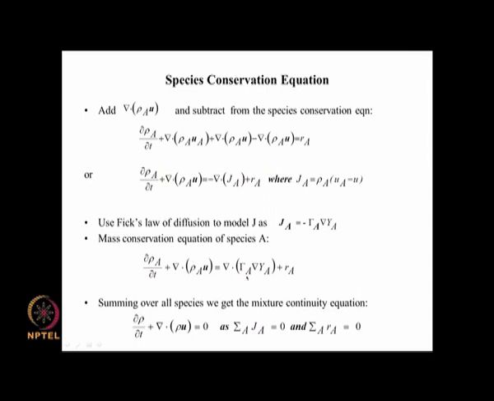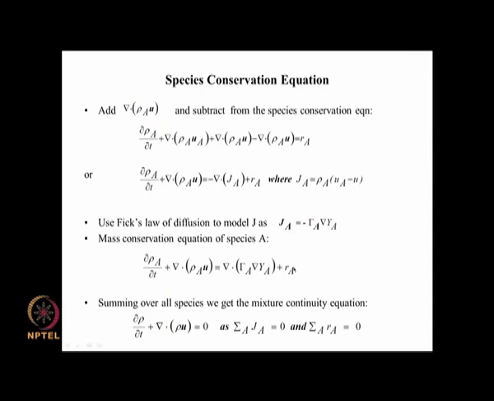So you get this, and the formulation of the diffusive fluxes and the production terms here is such that they will all add up to 0, because if A is being consumed in a particular reaction, then some other species is produced, and this is all happening within the fluid continuum.